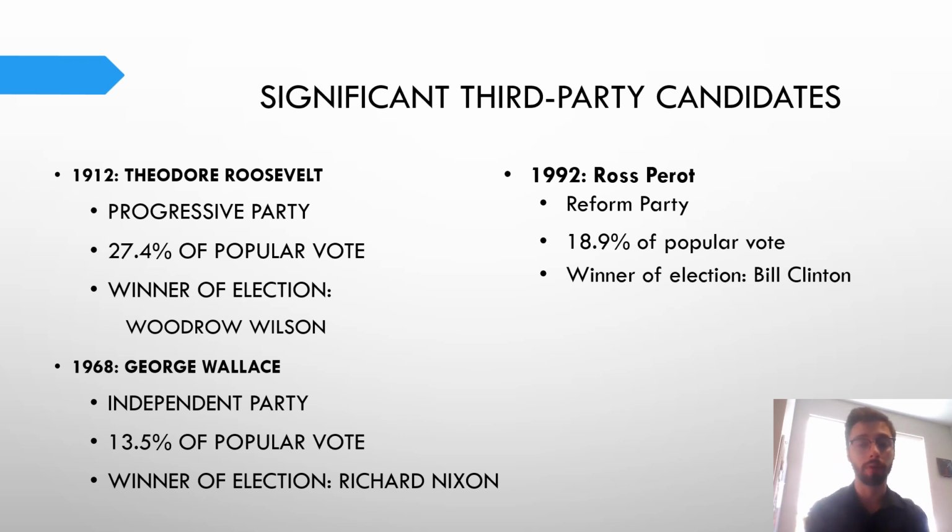He obtained 13.5% of the popular vote, and his run for presidency was founded on the exclusive policy of pro-segregation. He was a clear, open, pro-segregationist candidate. Now, the winner of the election he obtained 13.5% of the vote in was Richard Nixon.